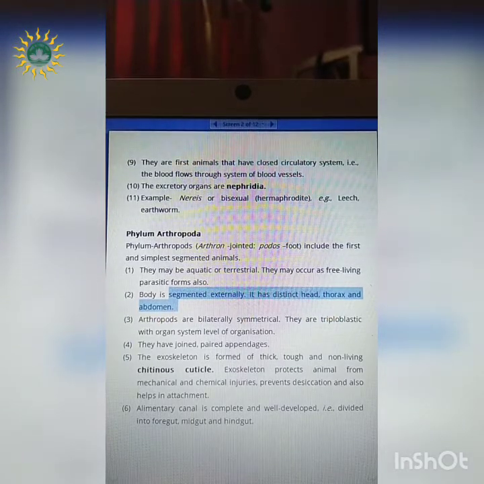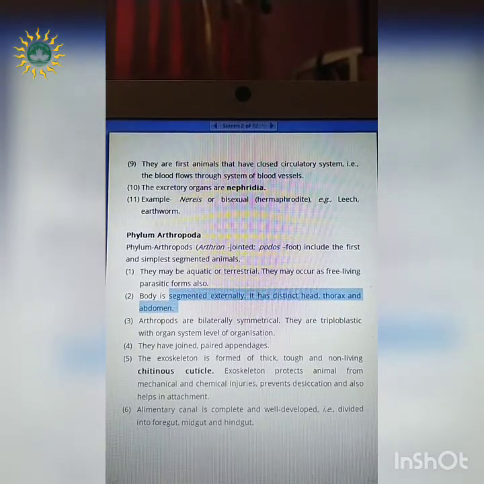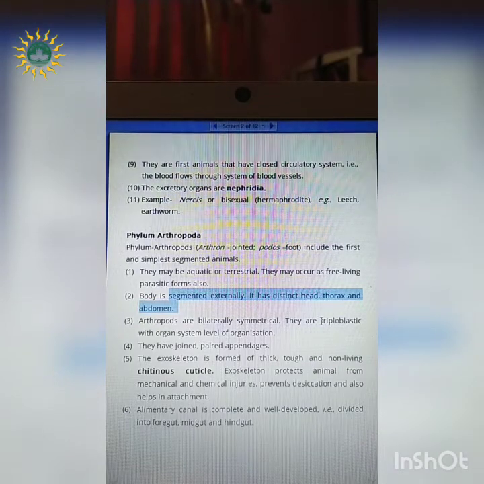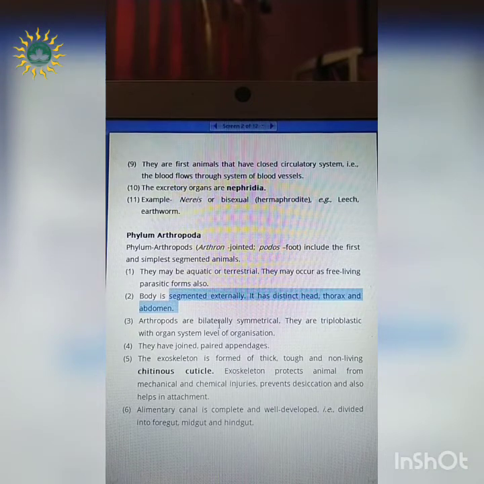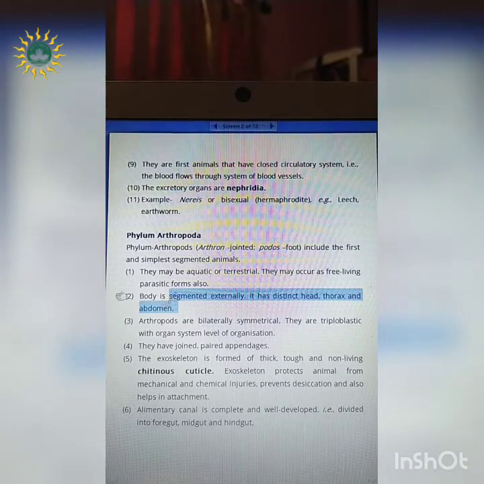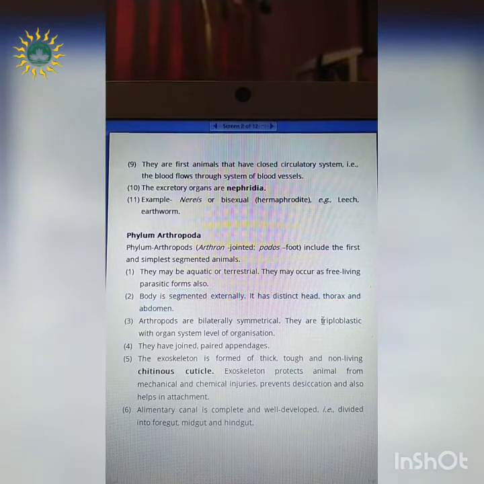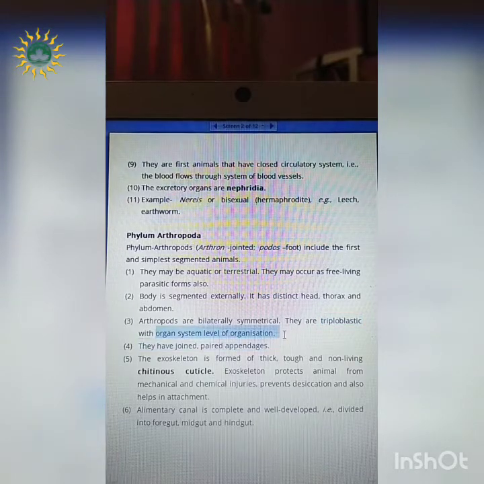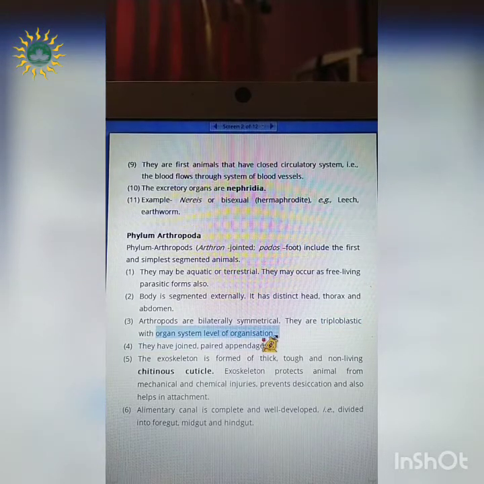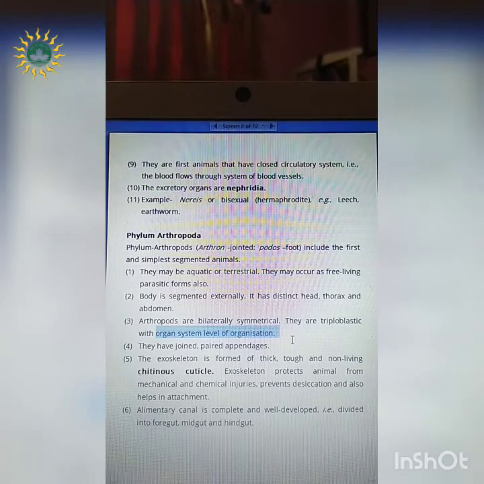The arthropods are bilaterally symmetrical and they are triploblastic with organ system level of organization. Bilateral symmetrical means, as I have already mentioned, bi means two halves are present, right and left. Triploblastic means three germinal layers, ectoderm, endoderm and mesoglia, and they have an organ system level of organization. I mentioned this in the previous class also.